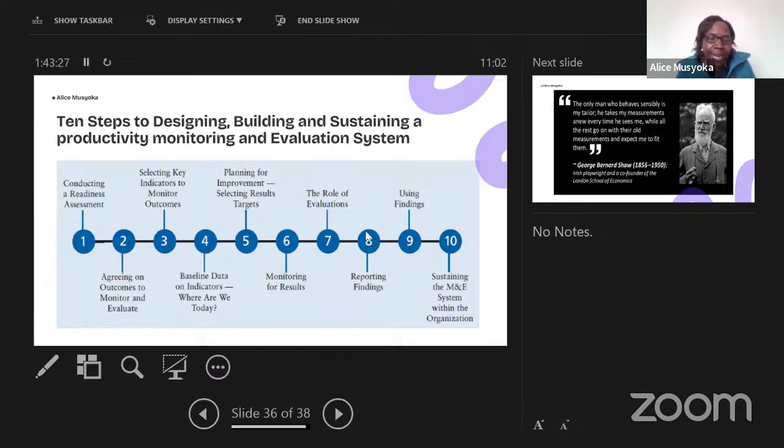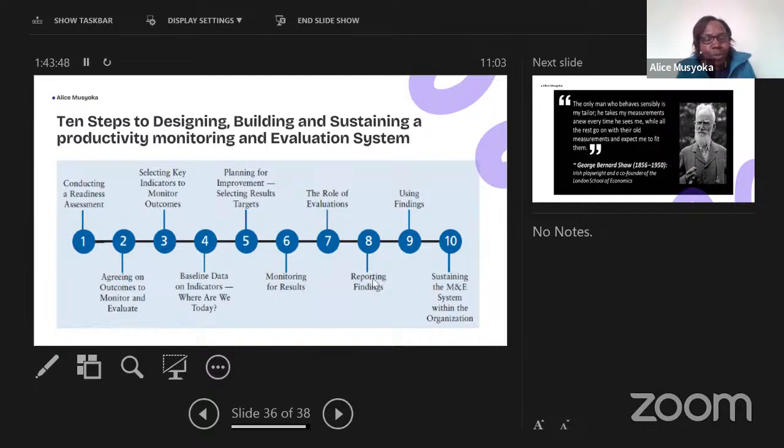If the findings show that we have already hit our targets, for instance, in terms of the outcomes that we had projected or the impact, then we are able now to set even higher targets.